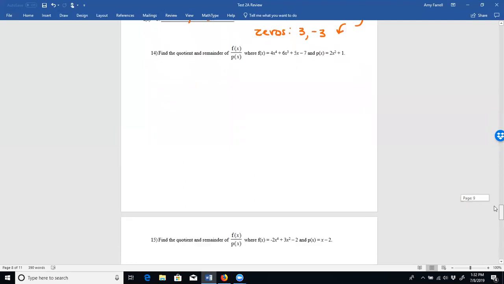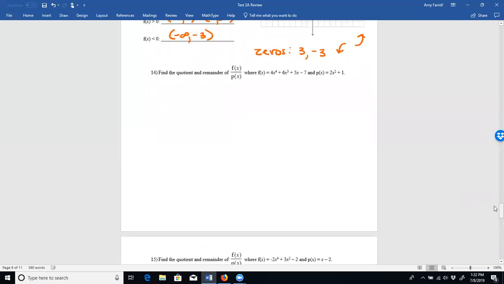Okay, 14. This one we are asked to divide, and it is going to require long division. This is because the polynomial we are dividing by, the divisor, has degree 2. So synthetic division can only be done when the degree is 1 of the binomial.